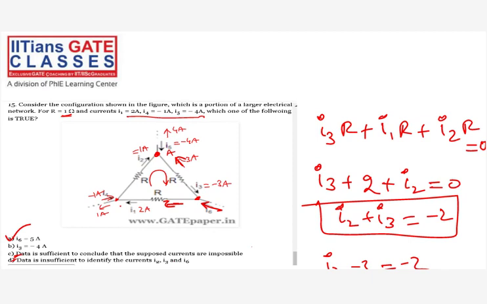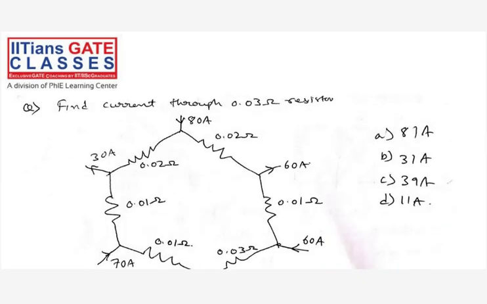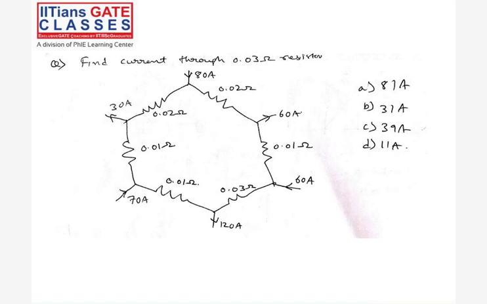So now this question. Find the current through the 0.03 ohm resistor. So find the current through the 0.03 ohm resistor. This resistor. So everyone try this. I'll give you a minute. I want the answers from you.